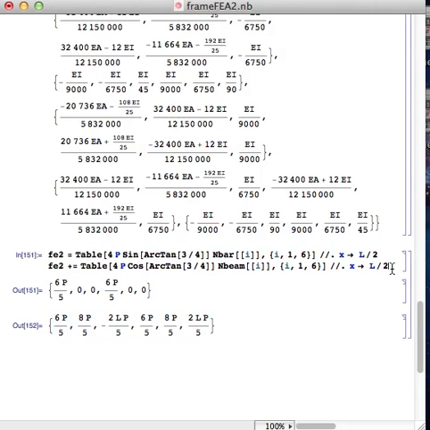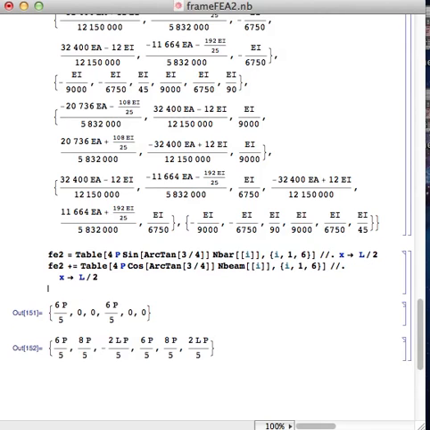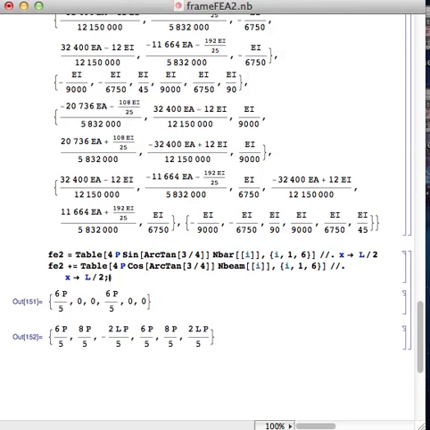All right, so then the last thing we want to do, this is still all in the element coordinate system. We want to change that to the global coordinate system.